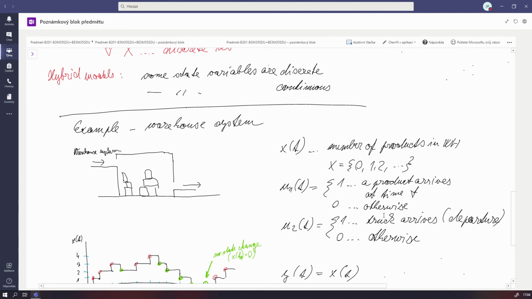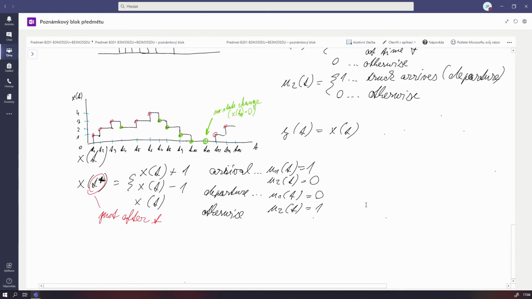So this t plus means just after t. So it cannot be expressed by differential equations as in the case of continuous systems.